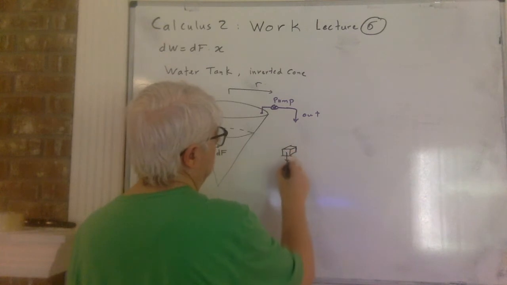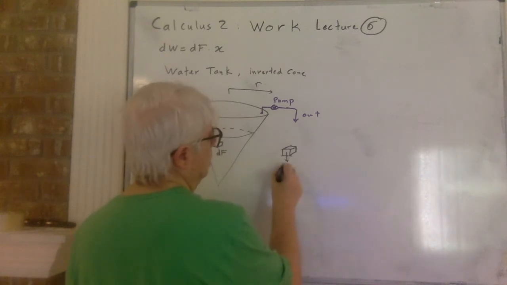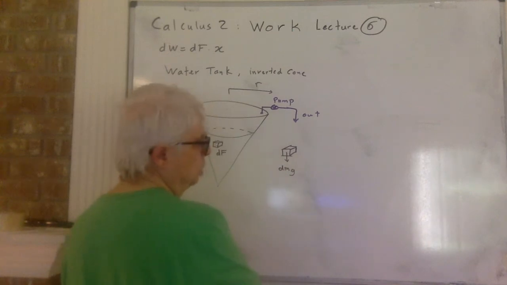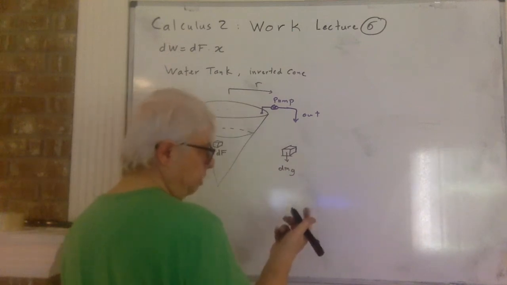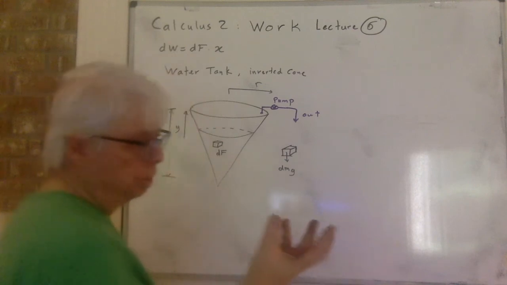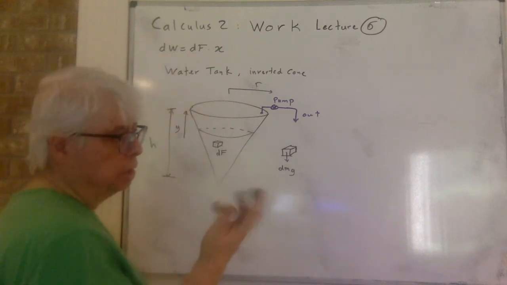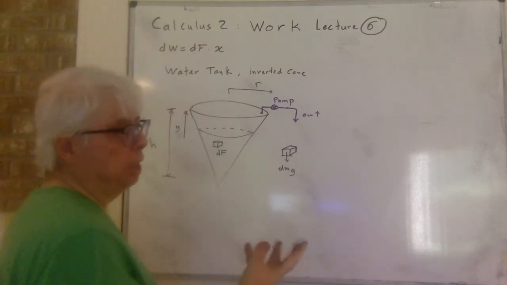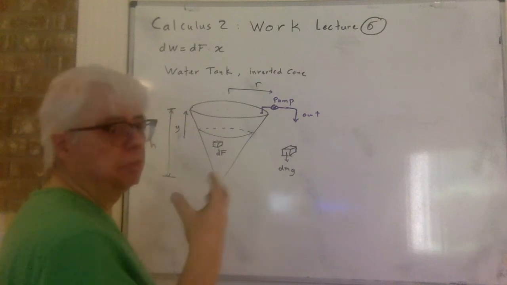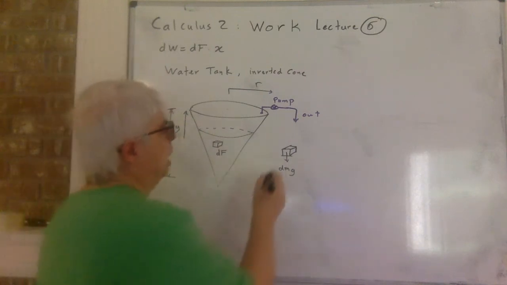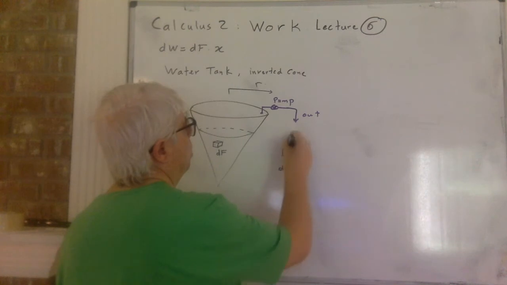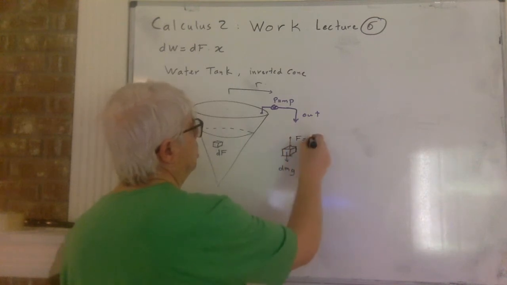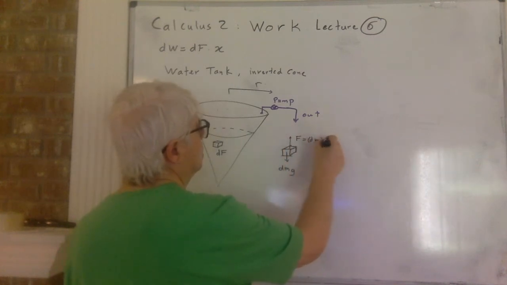So this has mg. In fact, g is constant, so it is dm times g, right? That's a small portion, very small, like an infinitesimal mass. And the force applied here is in fact the same thing, dm times g.